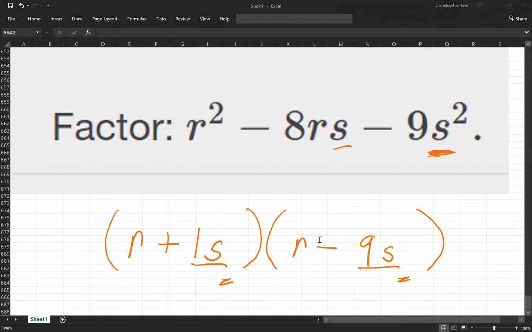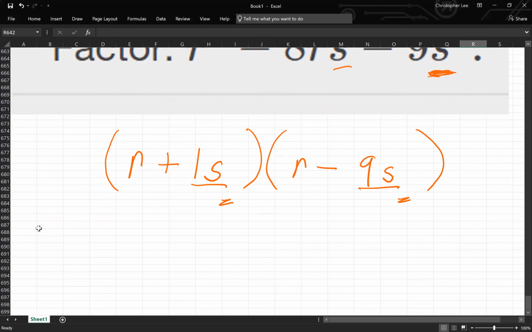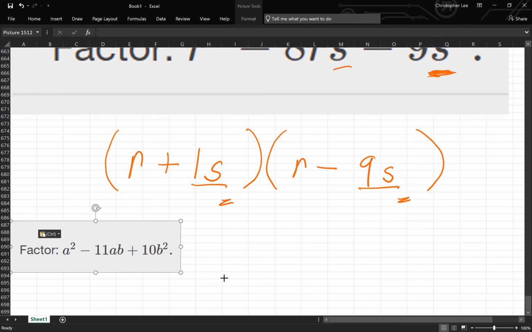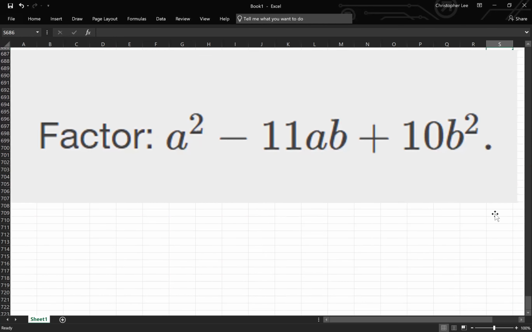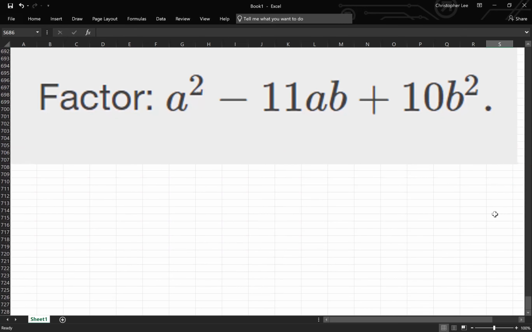Let's try out another one. A little bit easier with some A's and B's. What do you guys think? I'm gonna have this factor like this. So I heard A and A, very good. What else?